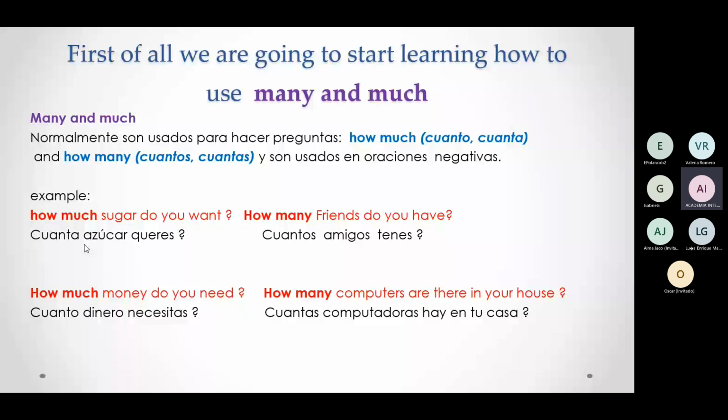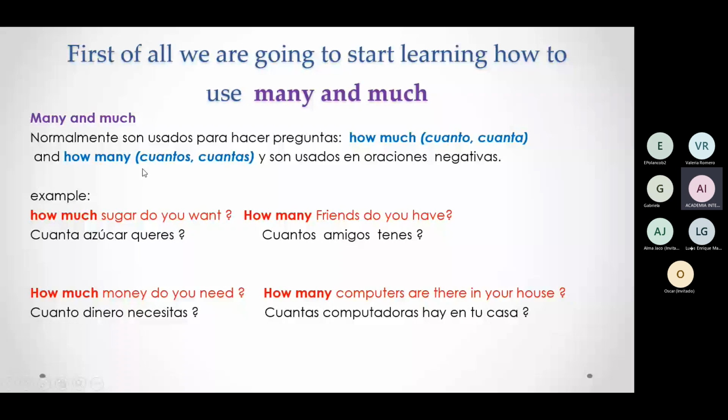First of all, we are going to start learning how to use many and much. This is something very important to know. What is the difference between them? Many and much. Normally, those quantifiers are used in order to make questions, okay? How much and how many. That structure is used to talk about questions, okay?